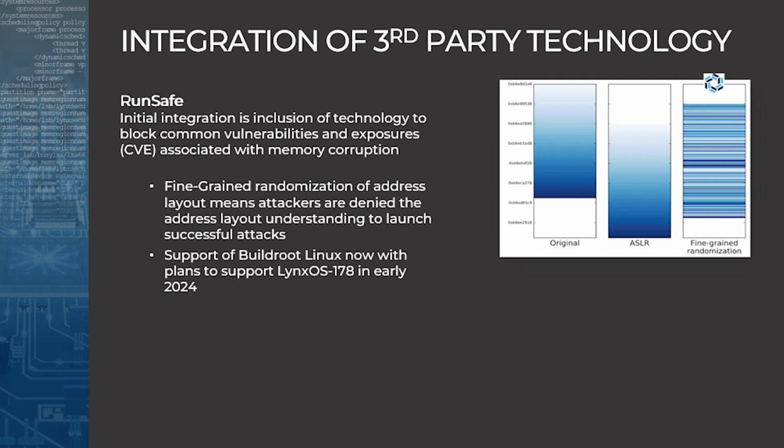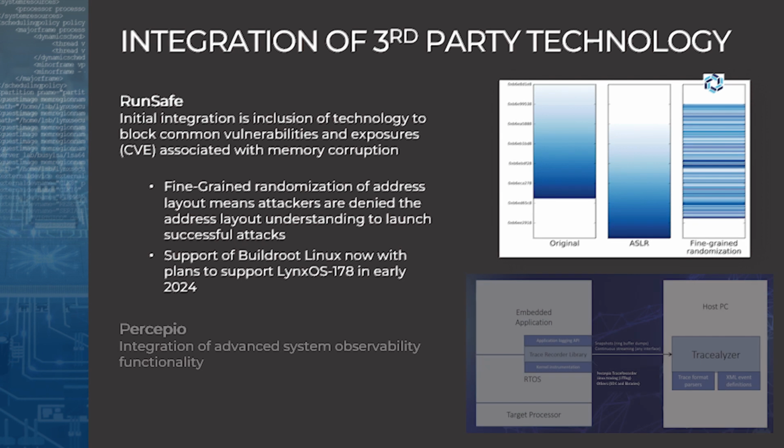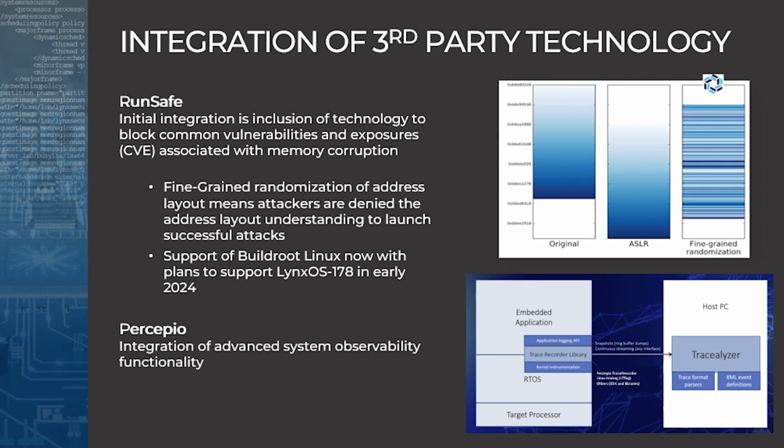The second third party where we're offering technology as part of an offering from Lynx is Percepio. They have a product called Tracealyzer, and this is really focused on helping customers debug very complicated multi-core systems with all sorts of virtual machines going on, and get down to root causes on performance issues, memory scheduling issues, and bugs in a much quicker way than has been done previously.